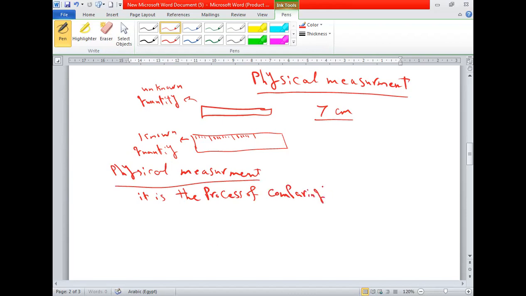Comparing what? Comparing an unknown quantity with a known quantity.